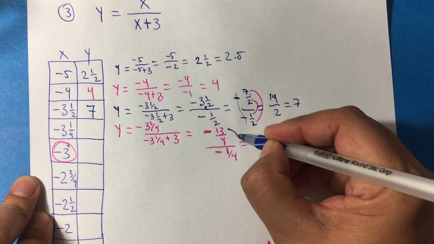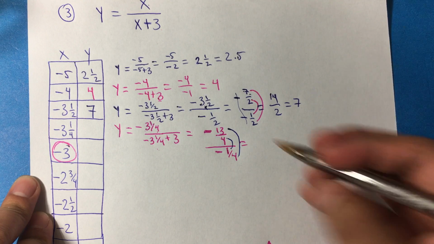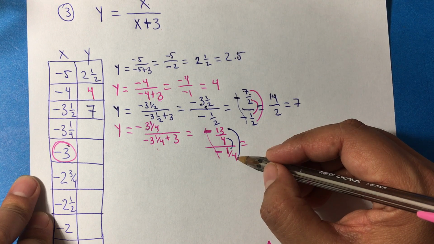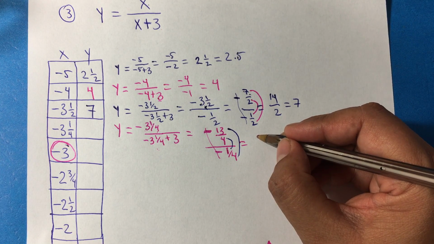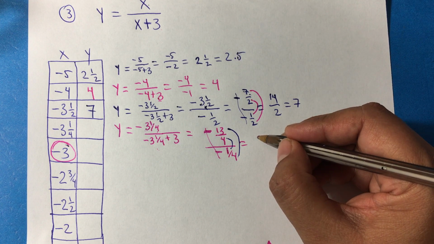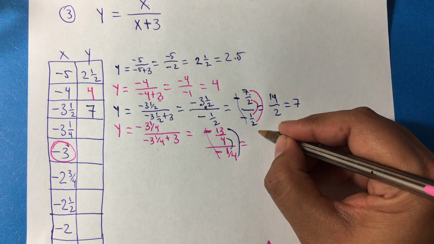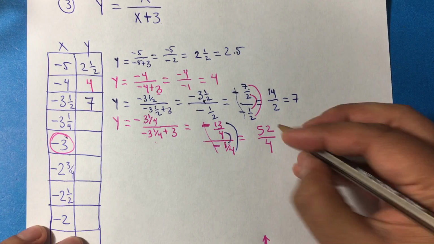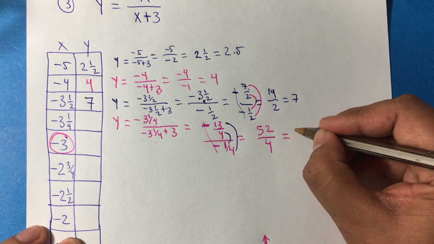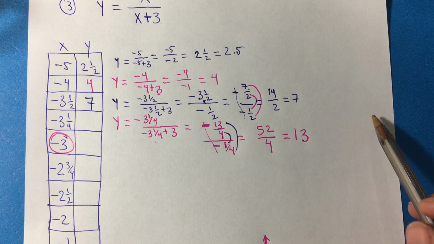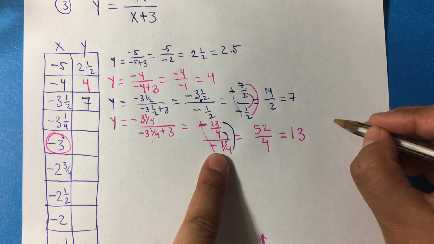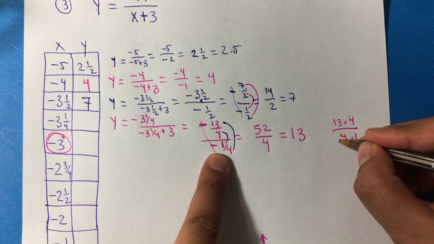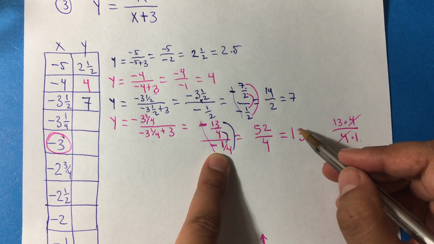And we multiply the outside with the outside, the inside with the inside. Negative times negative is positive. That's why they cancel. 13 times 4. In here you can do two things. If you multiply 13 times 4, that is 52. So you can put 52 divided by 4 times 1 is 4. And then 52 divided by 4 gives me 13 again. But the other thing that you can do, and I'm just going to do it in here, is 13 times 4, I just rewrite it. 4 times 1, I just rewrite it and cancel that. And 13 divided by 1 is 13.